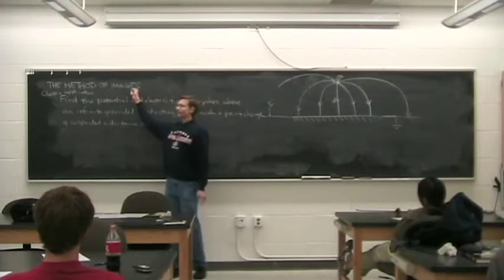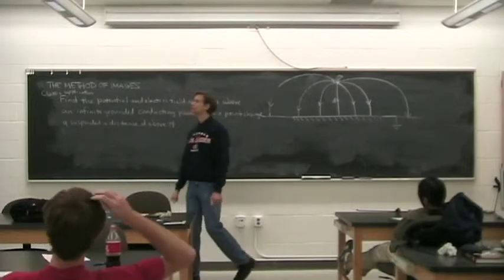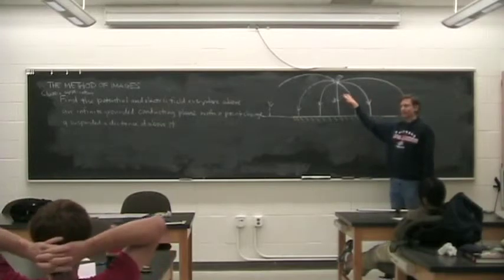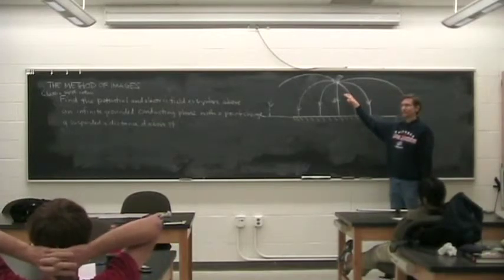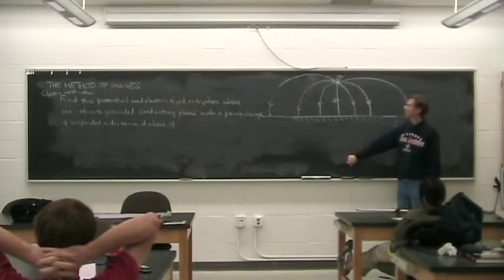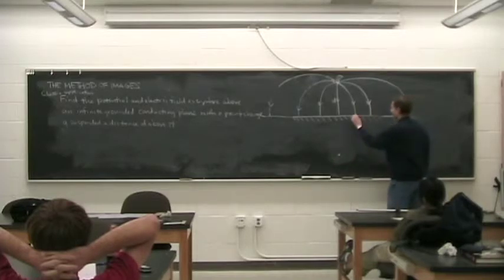Now, this is the method of images, so that's a hint. There's a mirror image. Could you mirror image this? What would happen if you mirror imaged this field? What would you have produced? If I make the mirror image of this field down here, in other words, I let all the field lines come back together, like so.